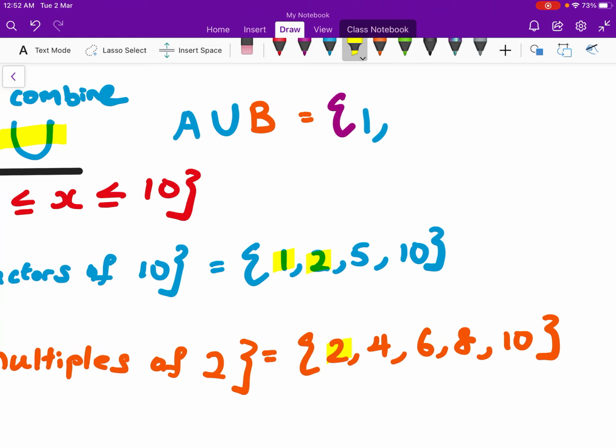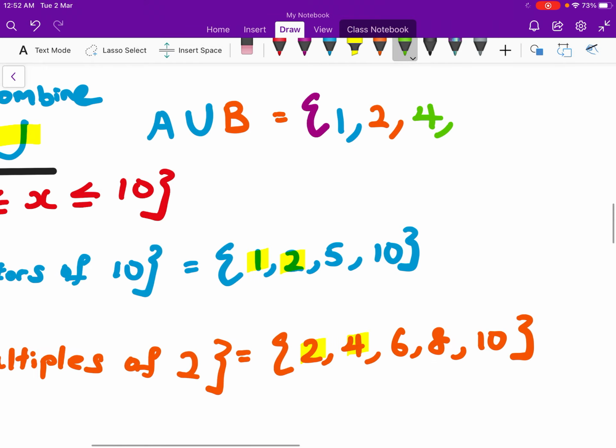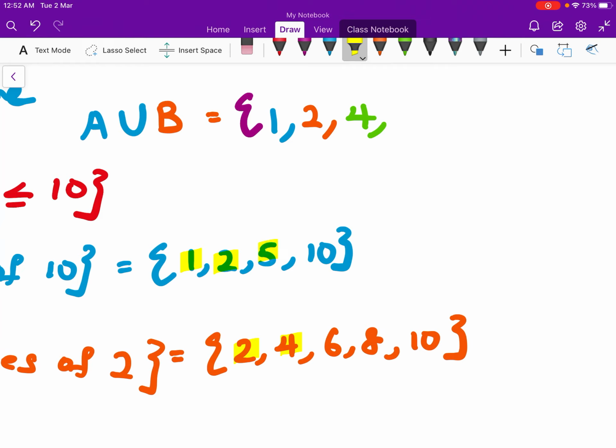Then 2. Remember, for 2 we just put it once. We don't need to put 2, 2 because no repeating is allowed. Then of course 4, then 5, then 6.